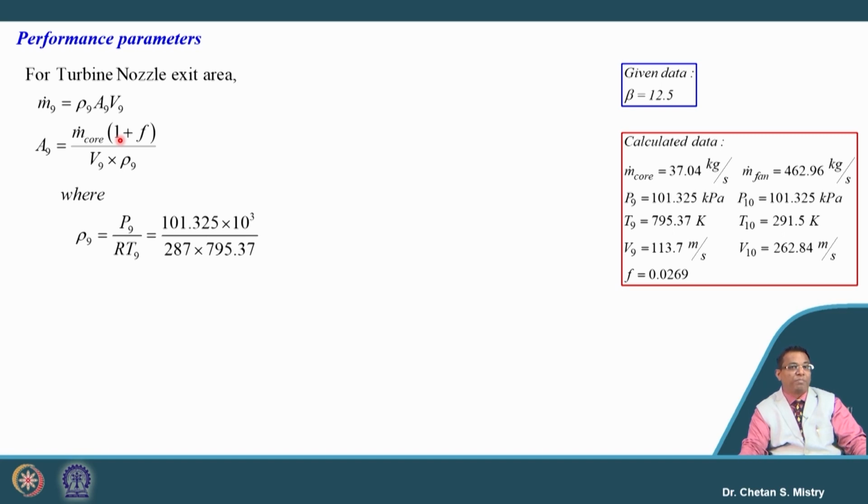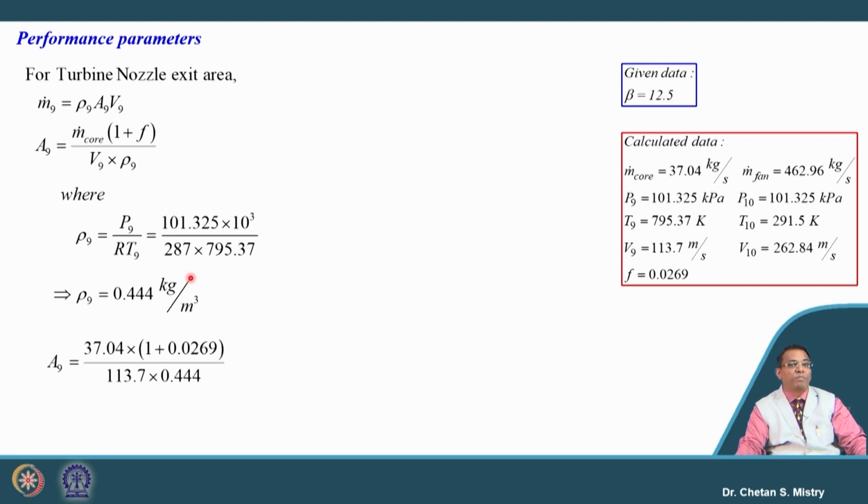Since my static pressure at the exit is atmospheric pressure, we put this in Pascal. Same way, R is 287, and if we do the calculation, my density comes to be 0.44 kg per meter cube. Once this density is known to us, we can calculate our exit area. This area comes to 0.7534 meter square.